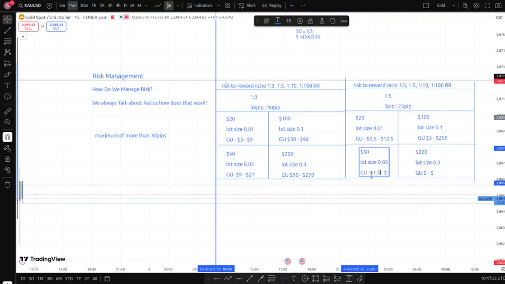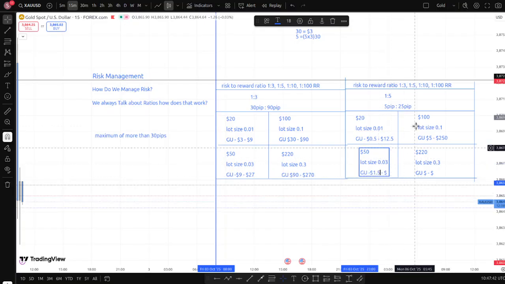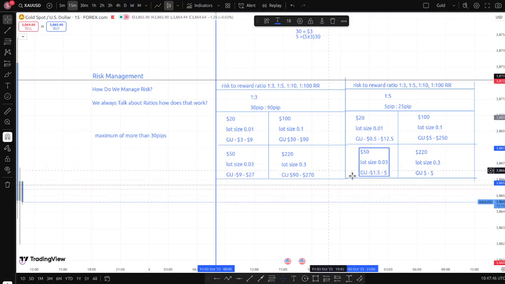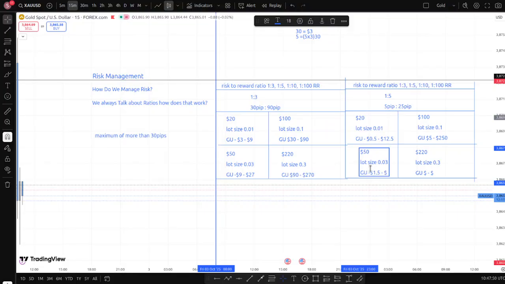So you're risking $1.5 na whatever lot size yako ni hii, na hiyo hii ukimultiply by 25, calculator hii sababu ndogo ndogo, 1.5.